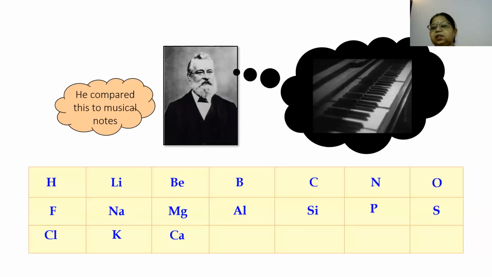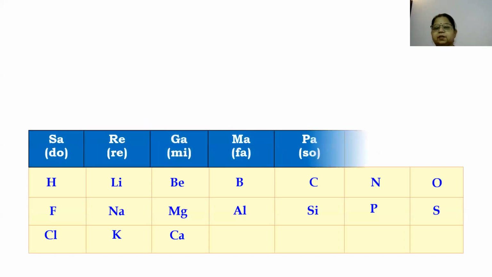He could put only these many elements, as you can see on your screen: hydrogen, fluorine, lithium, sodium, potassium, beryllium, magnesium, calcium, boron, aluminium, carbon, silicon, nitrogen, phosphorus, oxygen, sulfur. Calcium atomic number only 20, atomic mass 40, that we just did. So although 56 were there, he could successfully classify only 40 elements of that time, right?